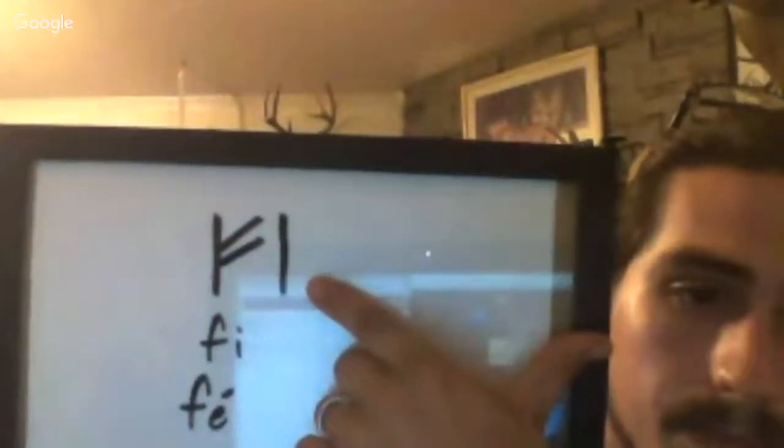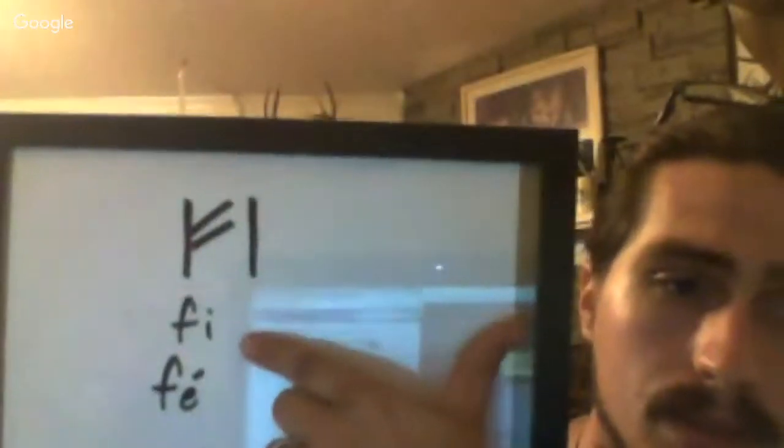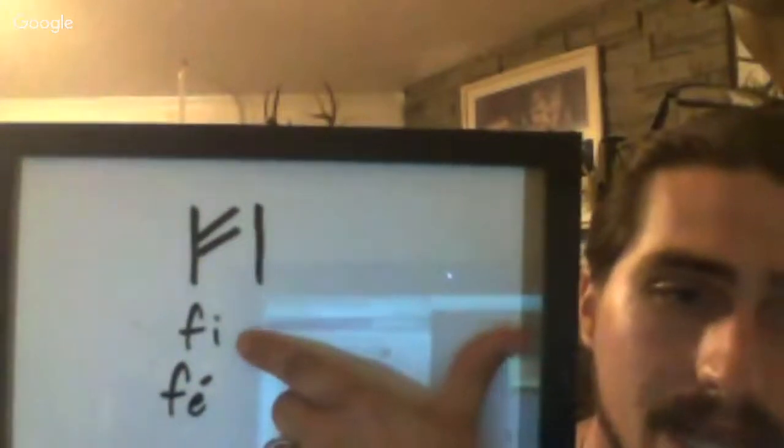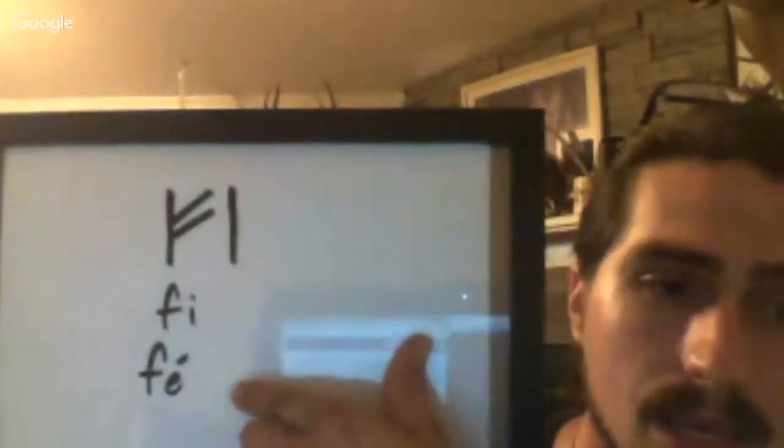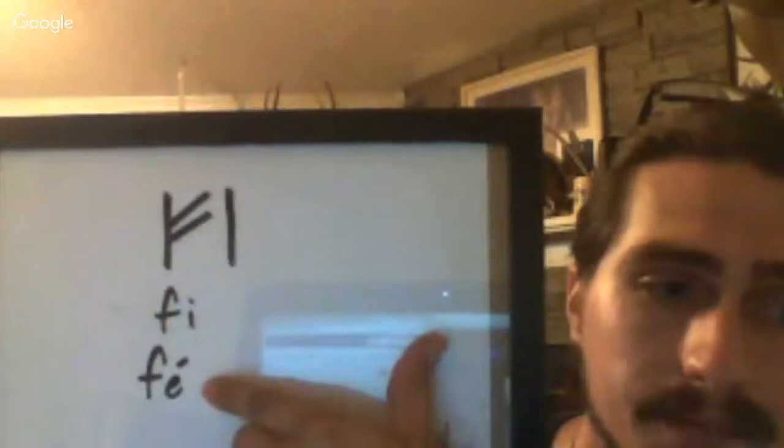So the name of this letter in runes would simply be Fe, transcribed as Fi, and realized as F long E.